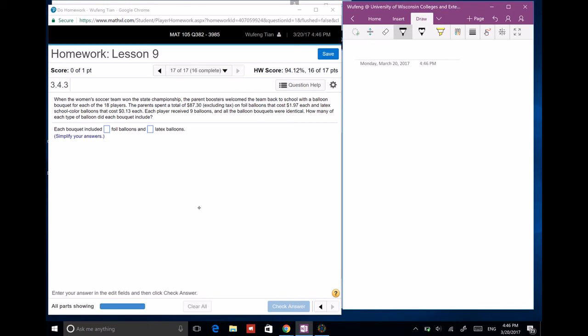Okay, so suppose x and y, right? We have x plus y equals, since each player received 9 balloons, 18 times 9. That's the total balloons. The total cost is 1.97x plus 0.13y equals the total cost 87.3. So we solve this.